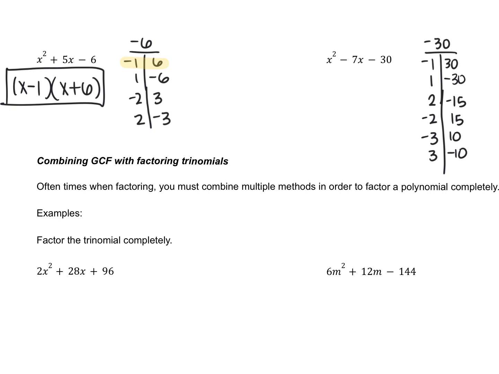And then my last two are going to be 5 and negative 6, or negative 5 and 6. Of those numbers that multiply to 30, which of them add to negative 7, which is going to be 3 and negative 10. So I'm going to have x plus 3, x minus 10.